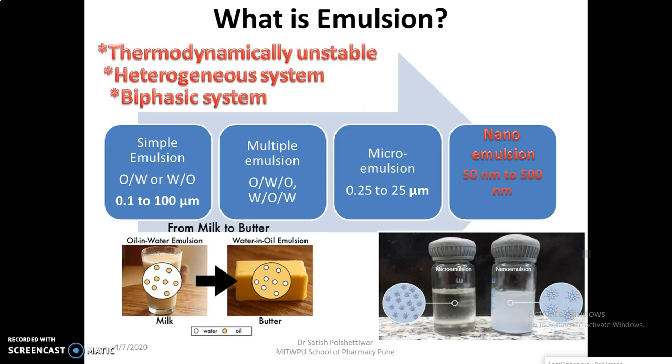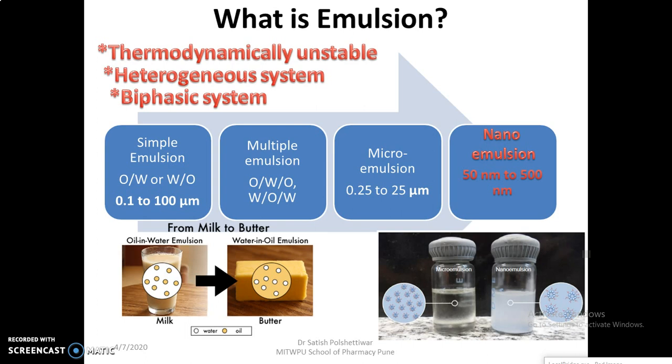If you want to bring the free energy down to a negligible level, you always have to use a surfactant, and reduce the globule size. That can be done by sonication, using a probe sonicator, and we can bring it down to 0.25 to 25 micron, and this system we call a thermodynamically stable system.